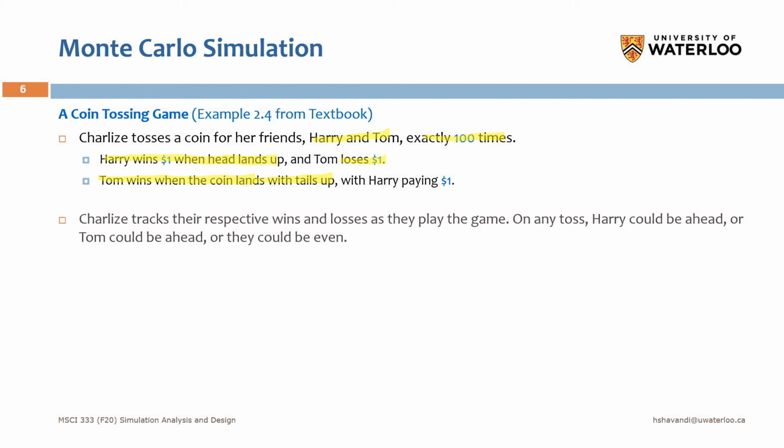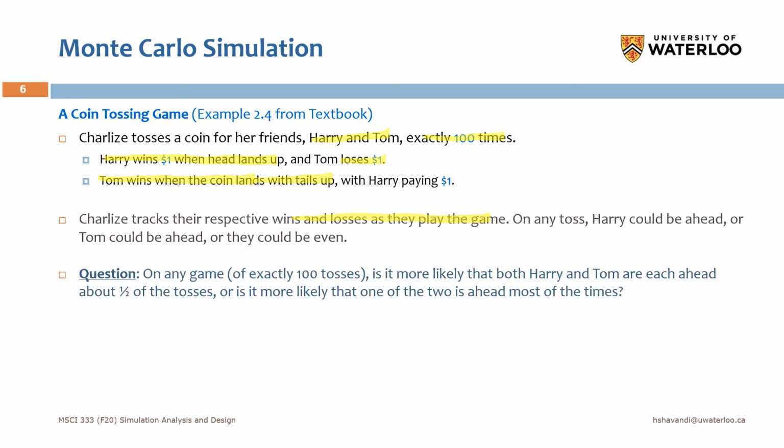Charlotte tracks their respective wins and losses as they play the game. On any toss, Charlotte will determine if Harry is ahead, or Tom is ahead, or maybe they are even. So now what's the question of this game, and why are we going to simulate it? On any game of exactly 100 tosses, is it more likely that Harry and Tom are each ahead about half of the tosses?